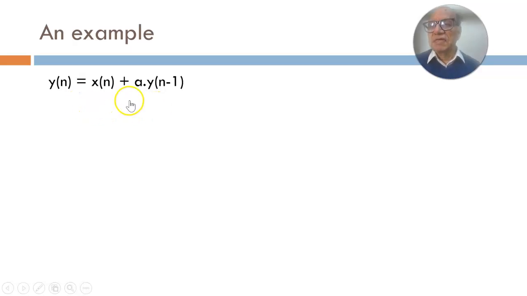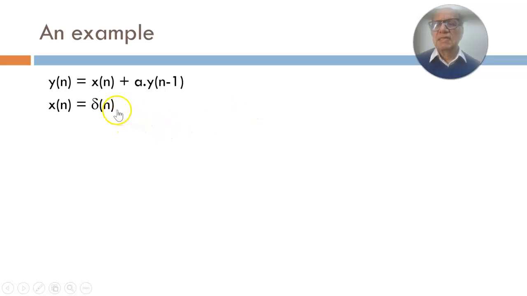Using this equation, what we are going to do is calculate the impulse response. Impulse response means the output that you obtain, assuming that the input is a unit impulse, delta[n]. And the digital unit impulse, as you know, is very simple. At n equal to 0, it has a value 1, and for all other values of n, it is 0.